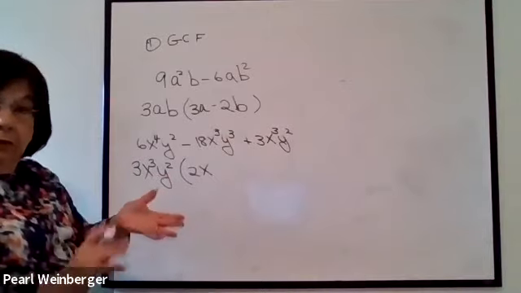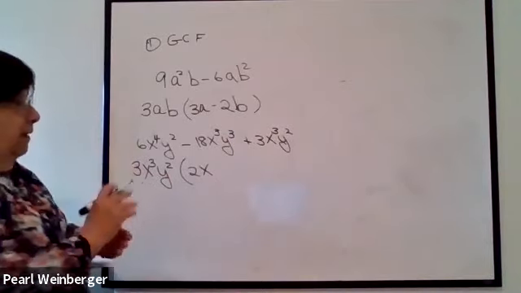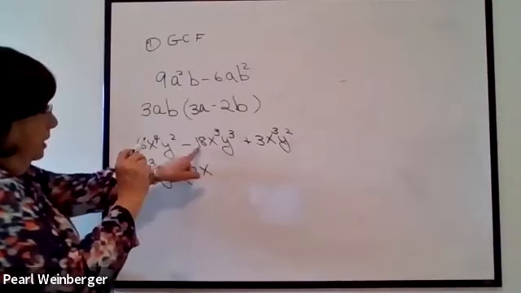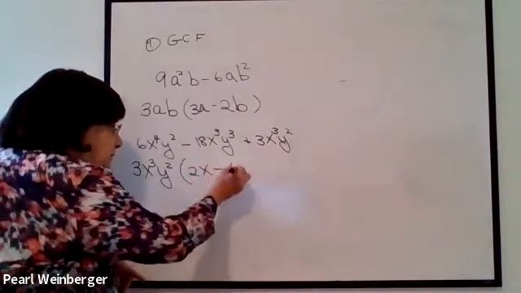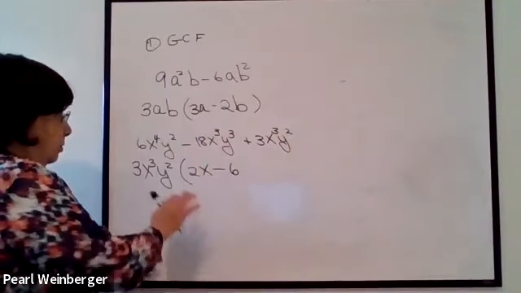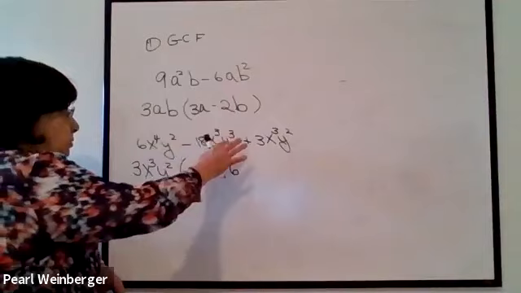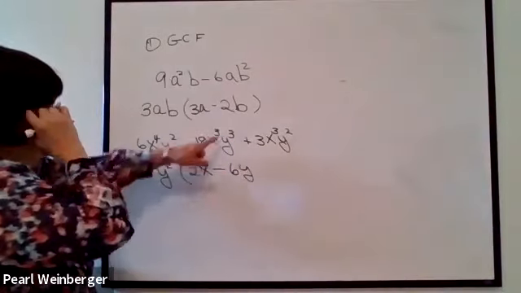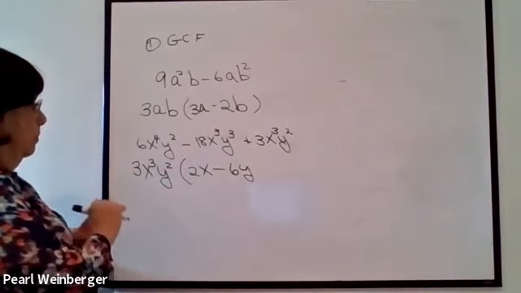Remember, when the exponent turns out to be 0, it's canceled out. Go to the next term. 3 into negative 18 is negative 6. X cubed into x cubed cancels out. Y squared into y cubed gives me y, because 3 minus 2 is 1.